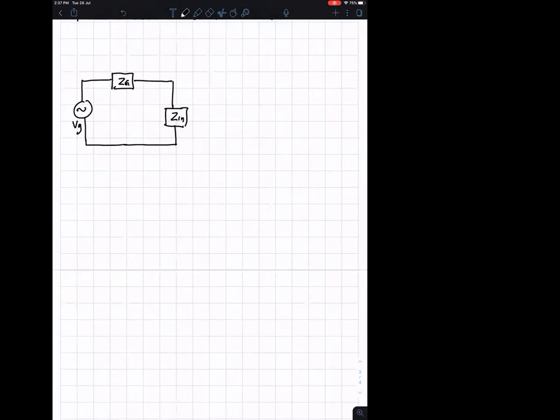Conjugate matching means when you look into the transmission line, let me draw the transmission line.